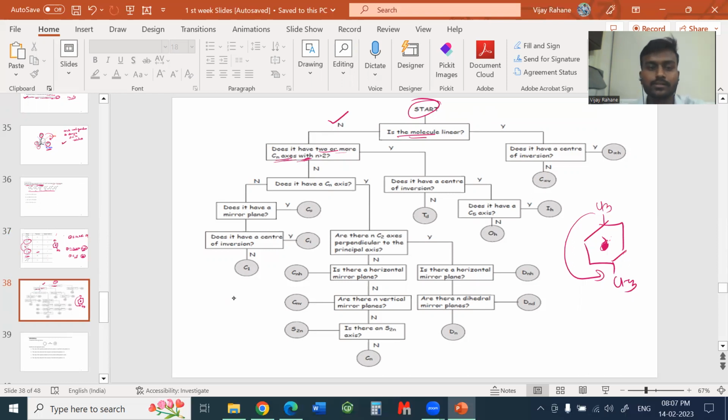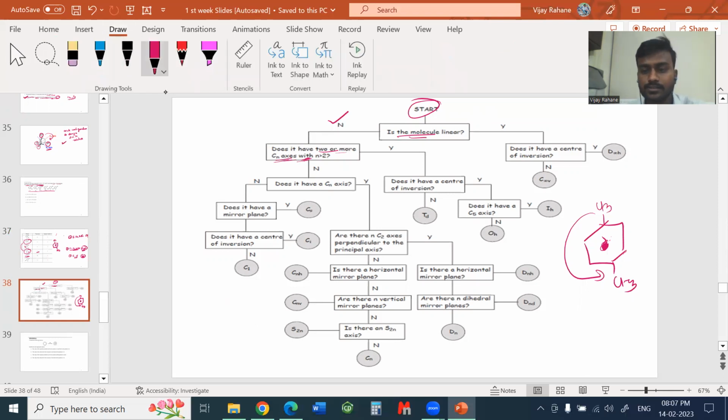Where is another C2? Let's check this side. Here also one C2 is possible, the C2 which is perpendicular, I will draw here like this, right? These two C2. Here also one C2 is possible, right? So it has two or more C2s.